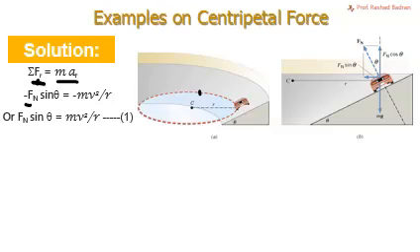In order to get the angle, you need to have another equation, and that equation is of the resultant force along the y-axis, or the one perpendicular to the circle.